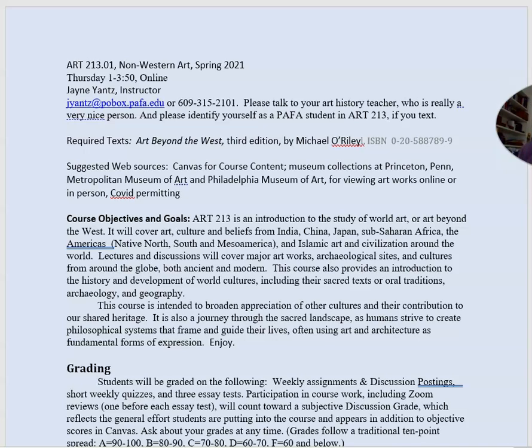Course objectives and goals. Art 213 is an introduction to the study of world art or art beyond the West. It will cover art, culture, and beliefs, and that would primarily be religion, but also aesthetics and values in general, cultural values, from India, China, Japan, sub-Saharan Africa, the Americas, that would be North, South, and Meso or Middle America, and the Islamic world, art and civilization from Islamic portions of our globe.